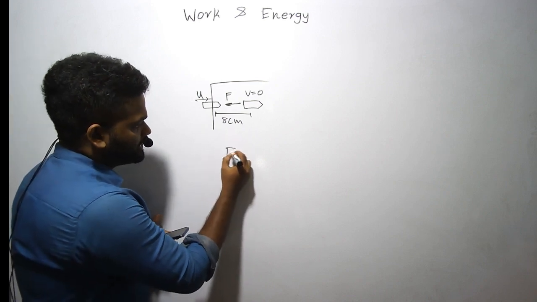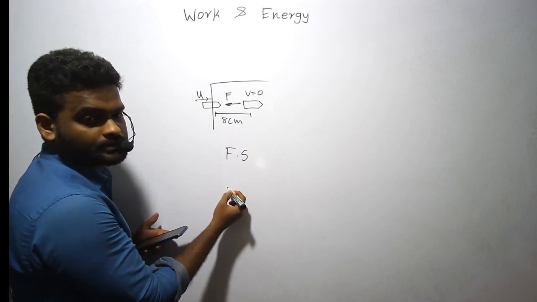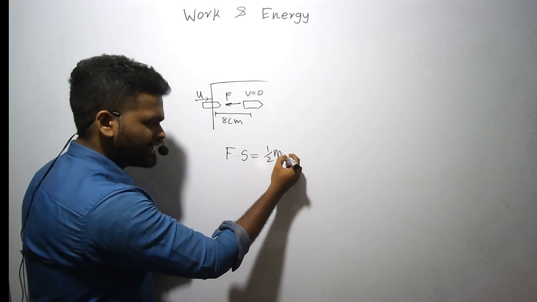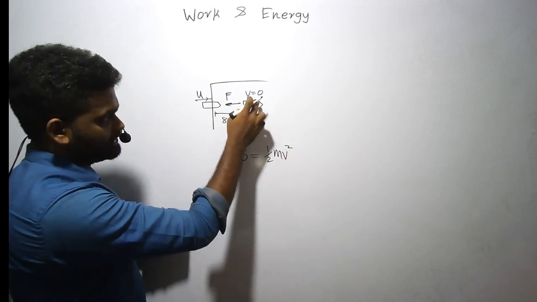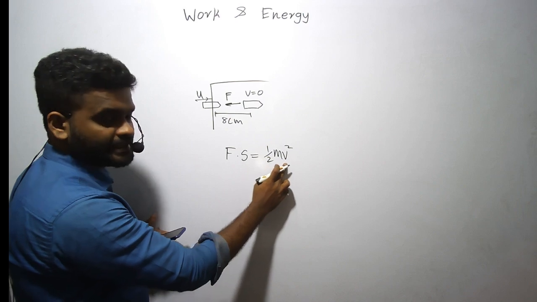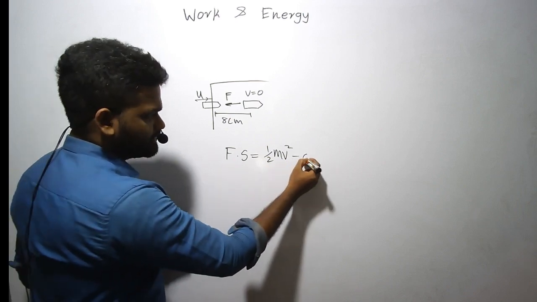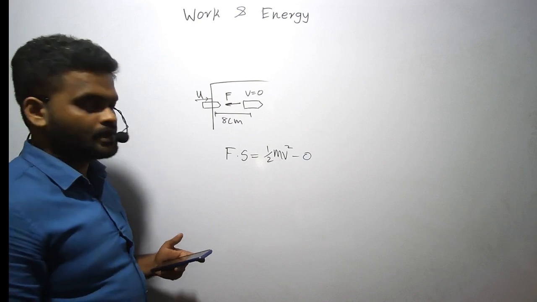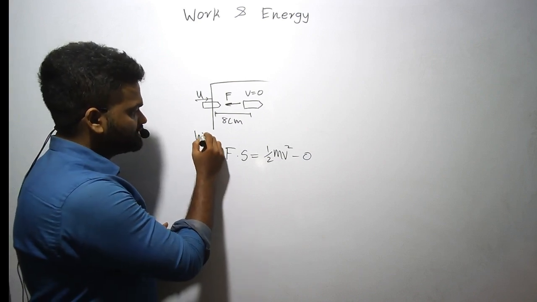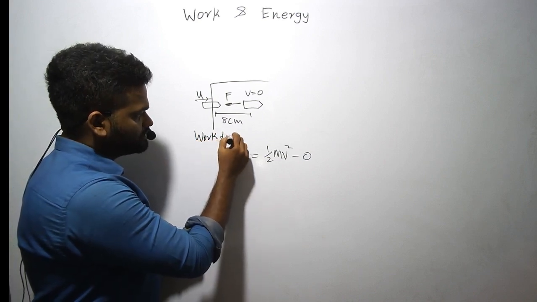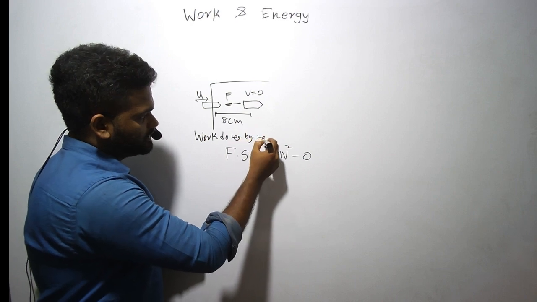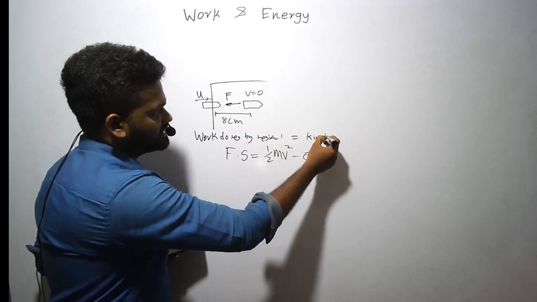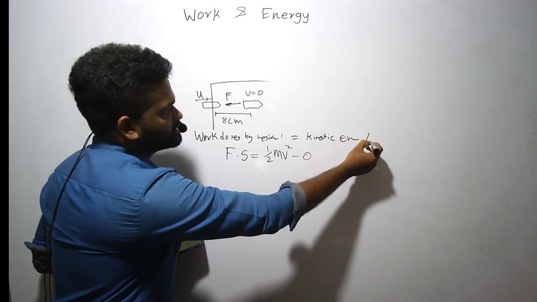So the work done by resistive force matches the kinetic energy, actually the kinetic energy difference, but I'll take it here because it stops, I can take it as kinetic energy minus 0, right? This is the change of kinetic energy. So here the energy conversion is like this: work done by resistive force equals kinetic energy loss.